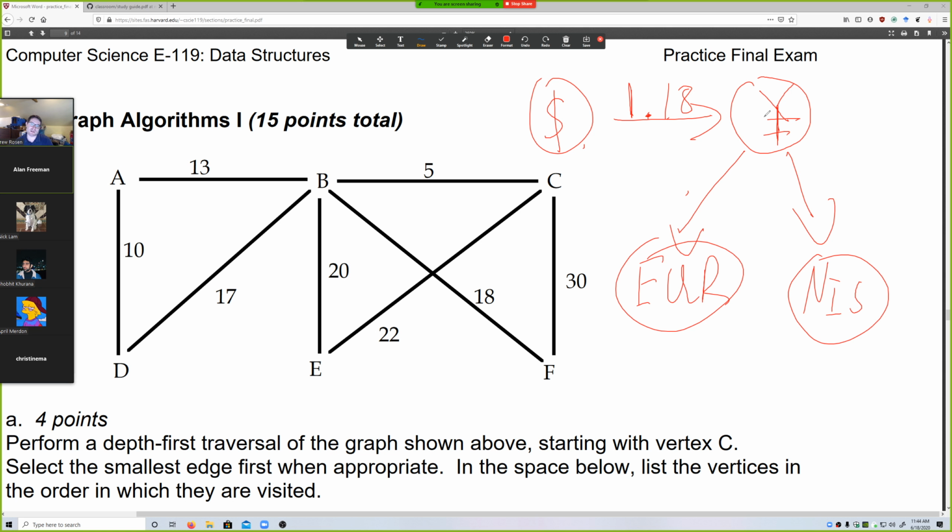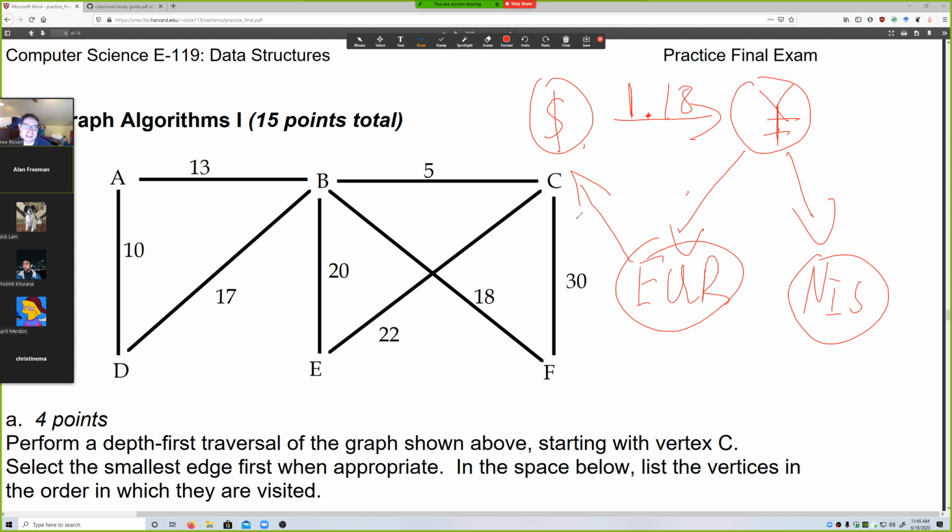But the idea here is that if you can find a cycle of some kind, say, where if you converted dollars to yen to euros and back to dollars, and you ended up with just a teeny bit more than you started with, then that would be the shortest path for you in that case. And so you'd want to maximize that trade as much as possible. Does that make sense?